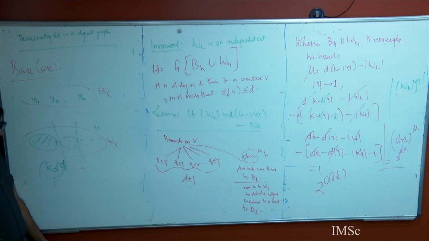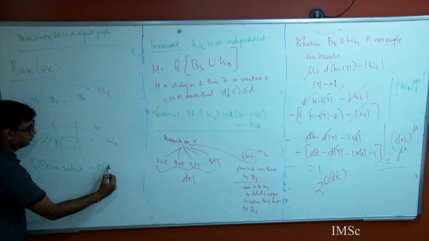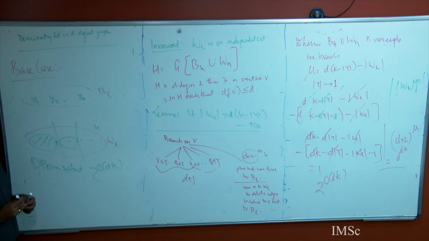right? But you can do much better. Just do dynamic programming over subsets. Then you can do it in 2 to the power big O of dk. For every vertex, the family is the universe. I mean, come on, this is nothing but 2 to the power n set cover, right? What is your universe?